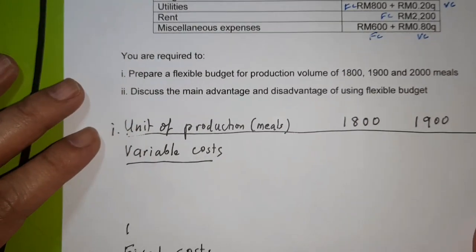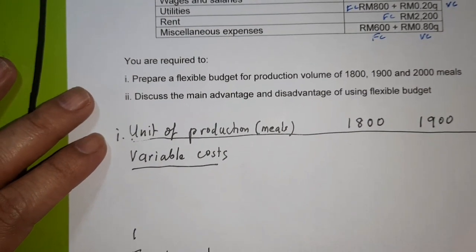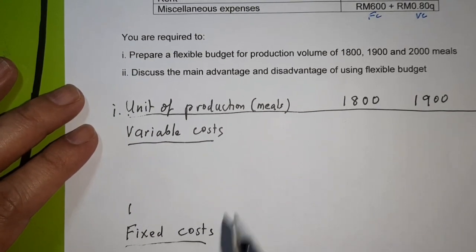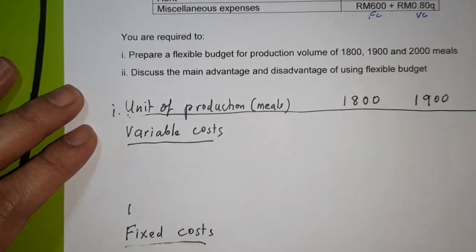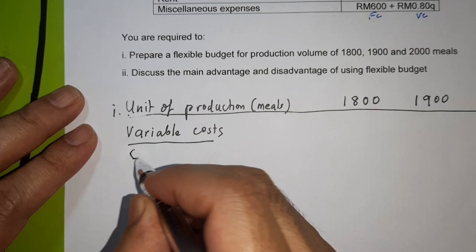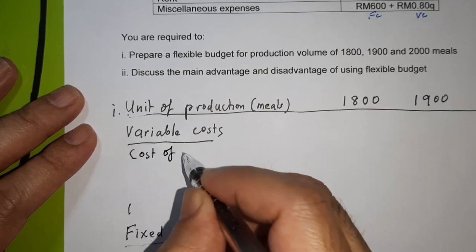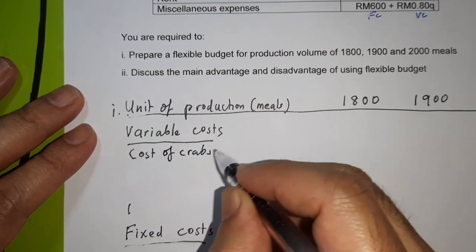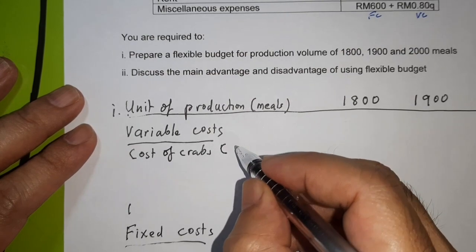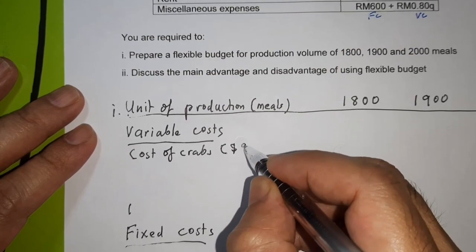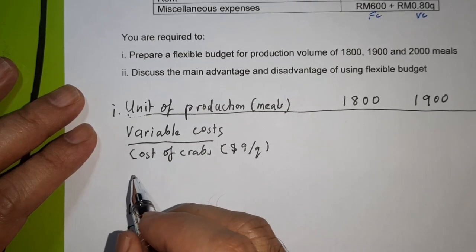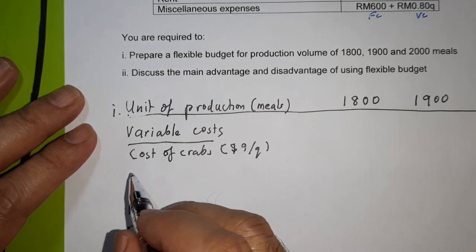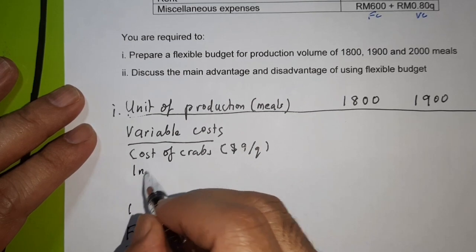So you have to list all the 4 variable costs in this budget. So the first variable cost is the cost of crabs. The cost is $9 per meal.